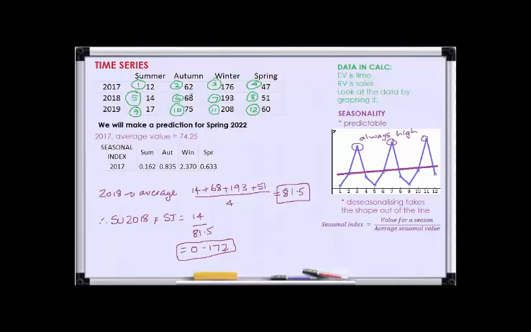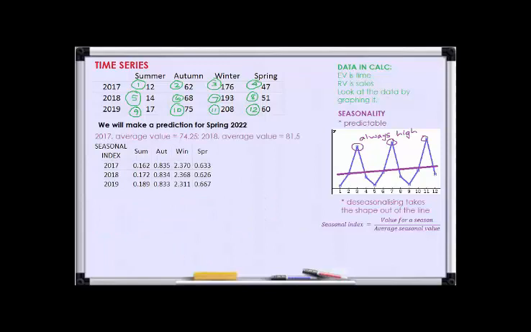And I'll go through again and divide autumn 68 by 81.5, winter and spring for 2018. Then I'll repeat the process for 2019 until I have a table that's complete, like this one is for 2017. Now the bad news is we're not done yet.